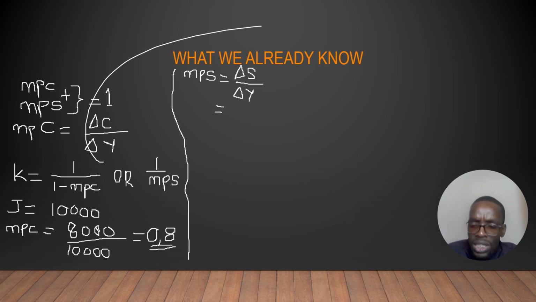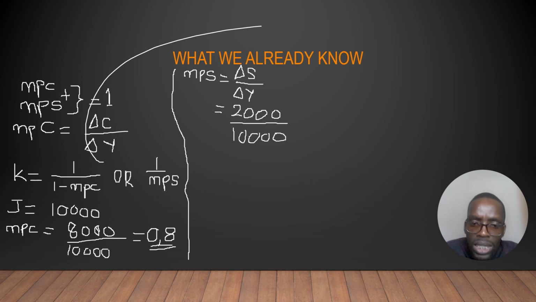So if they received 10,000 and they've decided to spend an extra 8,000, it means on the 10,000 that they got, they are going to save 2,000. Correct? I hope it makes sense. So our savings have increased by 2,000, which is 2,000 divided by our change in income, which in this case is 10,000.